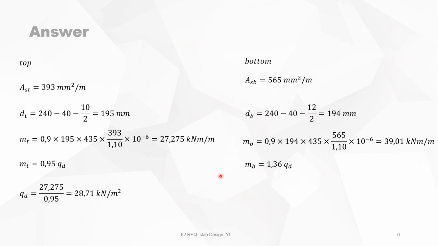But we've seen from the previous slide that the bottom bending moment is equal to 1.36 times QD. So out of those two, we get QD equals 28.68. You see, it's almost the same. We take, just out of principle, the lowest value.